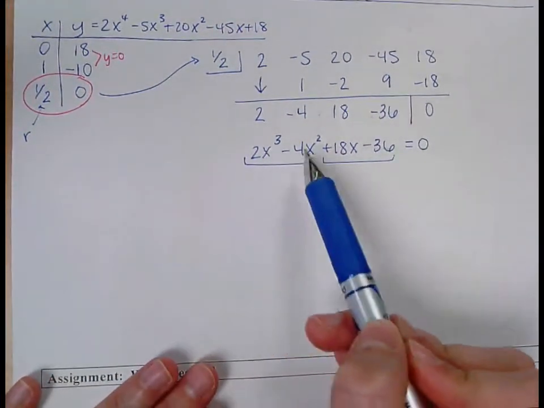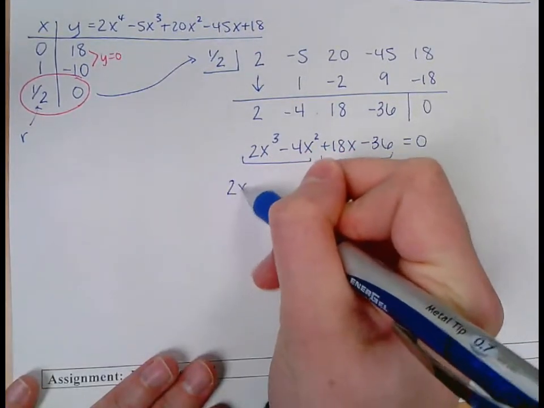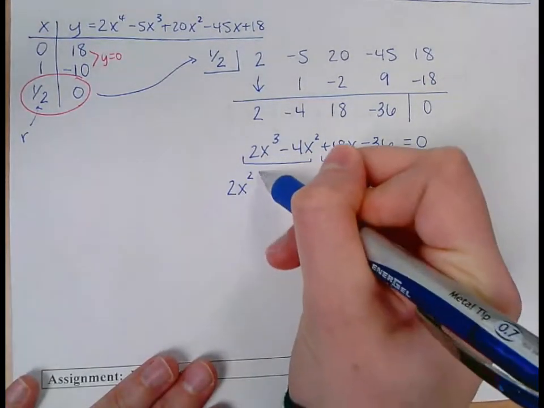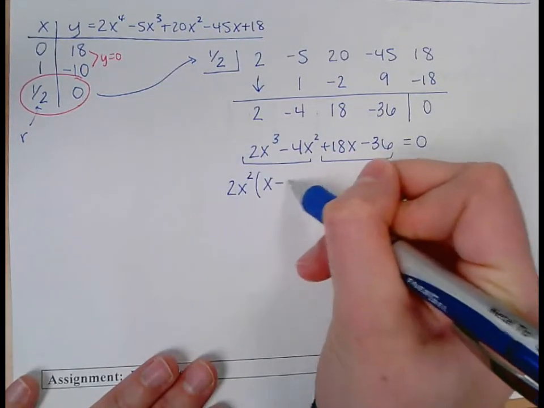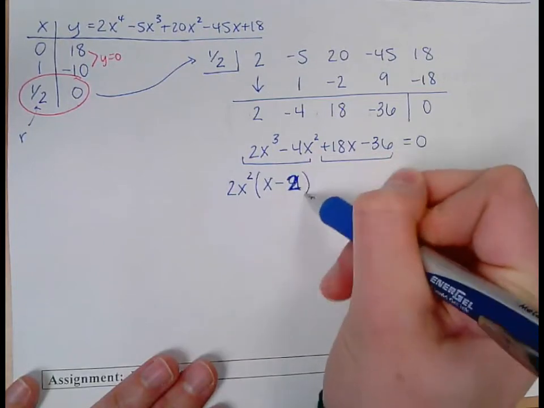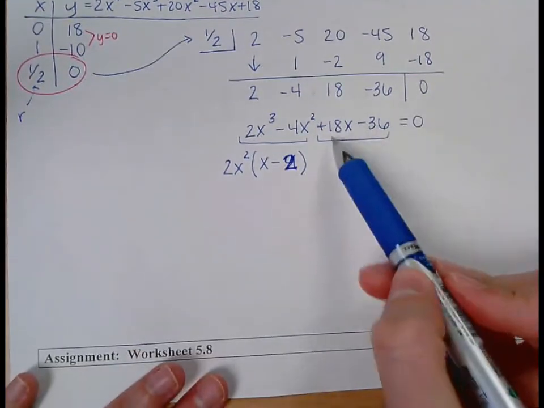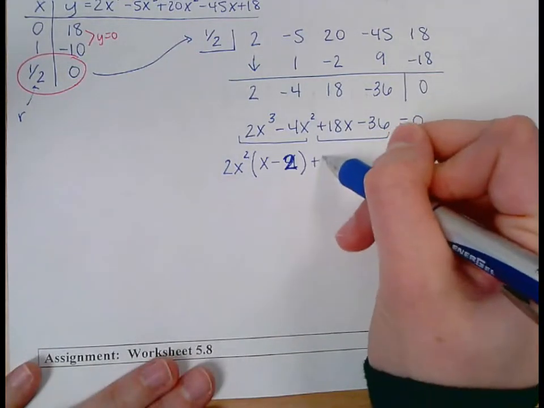what do the first two terms have in common? 2x squared. And if I divide them both by 2x squared, I get x minus 2, not minus 4. X minus 2. Okay, and then what do 18x and 36 have in common? 18.